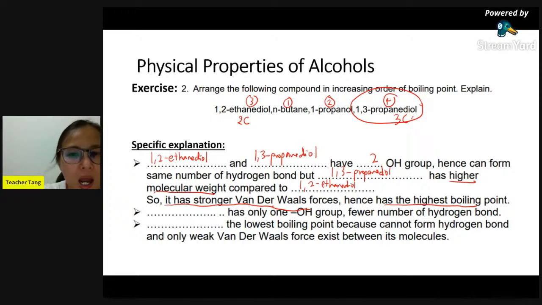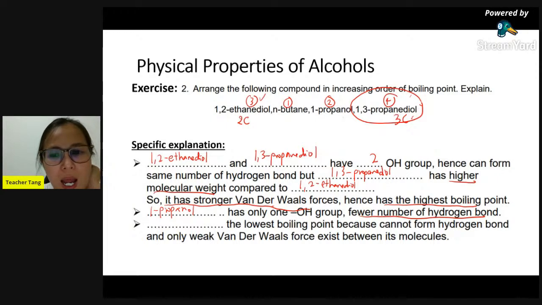While 1-propanol only has one hydroxyl group, so it can form fewer hydrogen bonds, so therefore lower boiling point compared to 1,2-ethane-diol and 1,3-propane-diol.